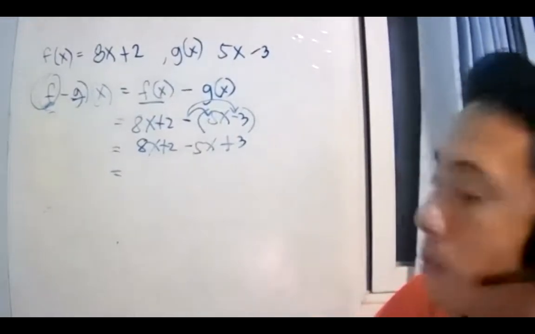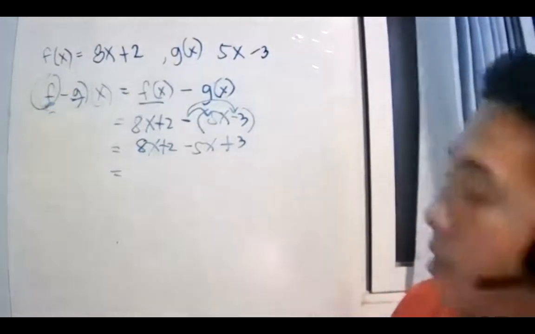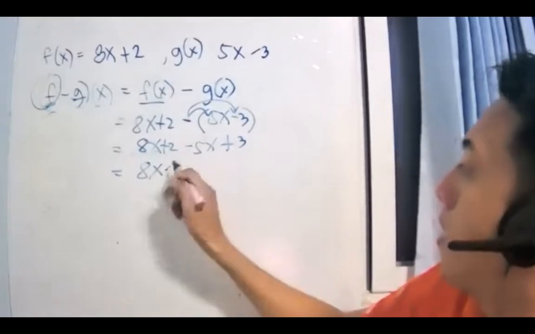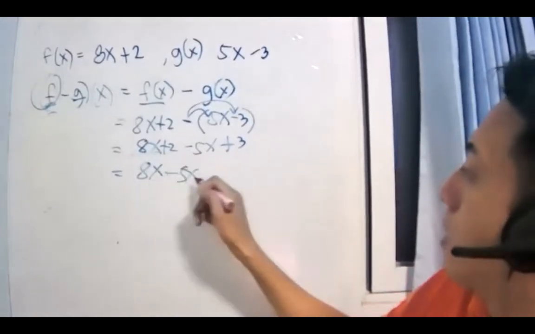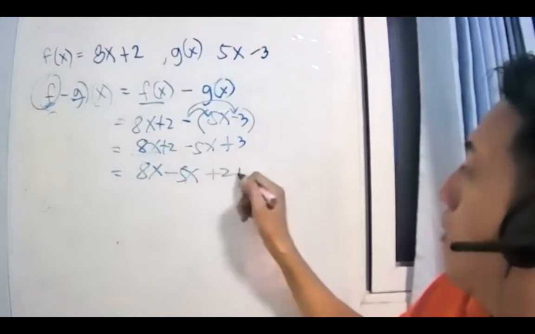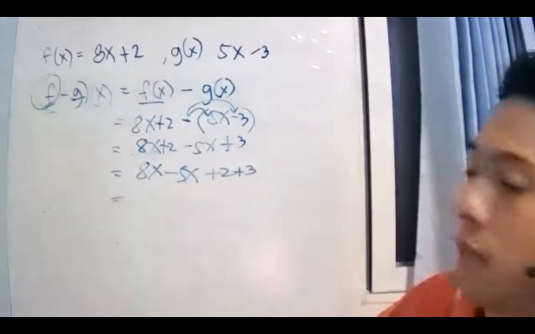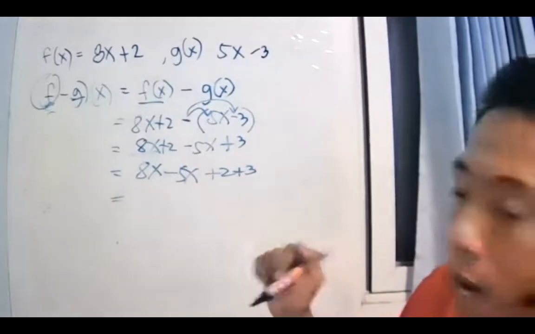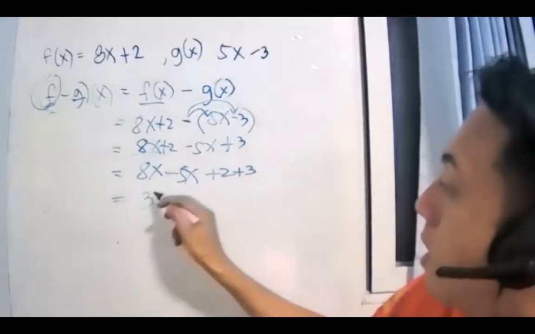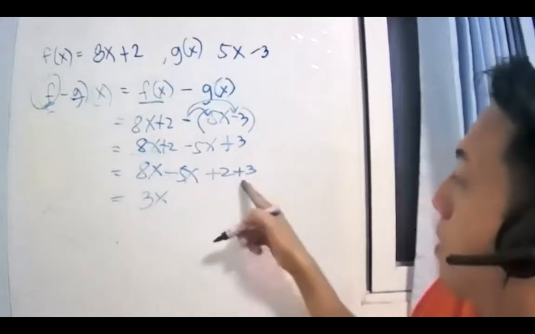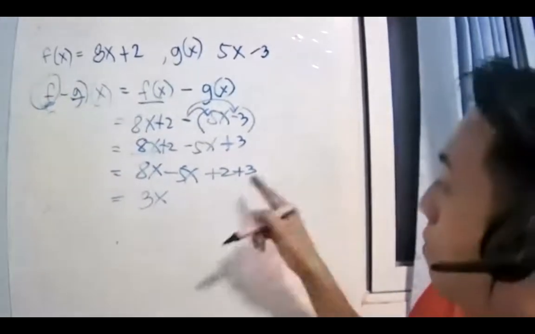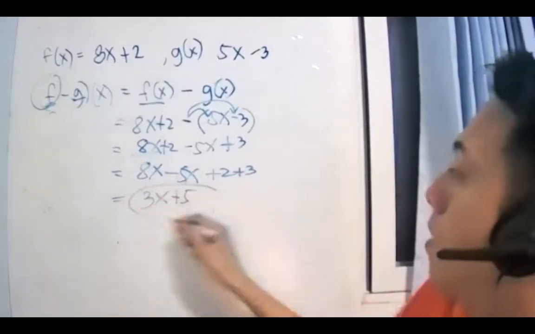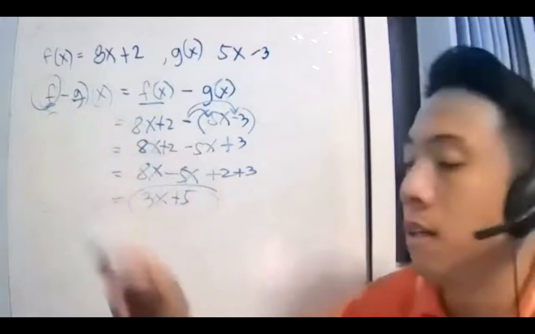Combine like terms. So pagsama lang natin si 8x and 5x, plus 2 at plus 3. What is 8x minus 5x? That is 3x. 2 plus 3, of course, positive 5. So this is now the answer.